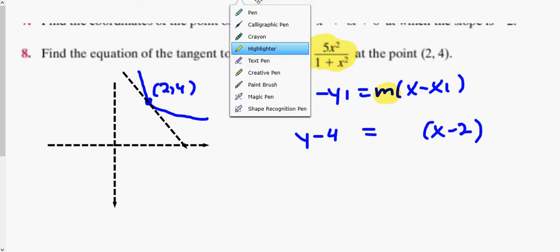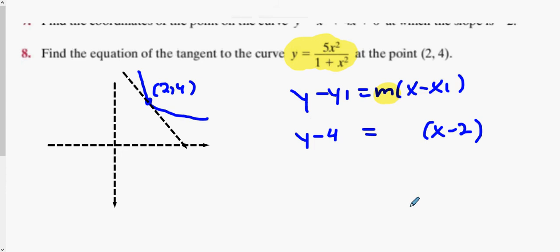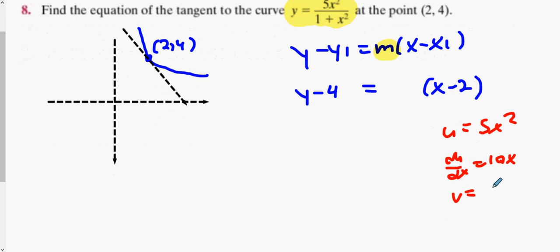So what I'll just do here is I'll go for u equals 5x squared, u dx equals, v is, and the v dx.